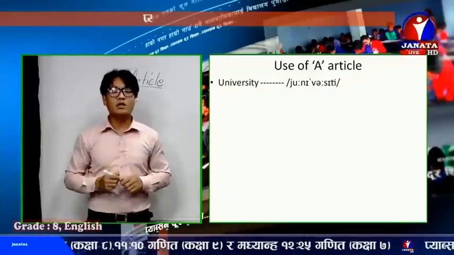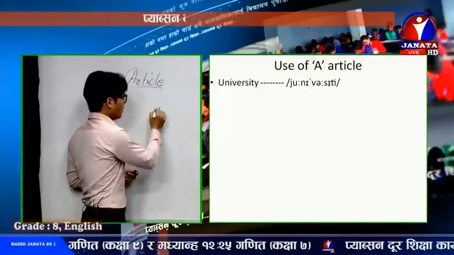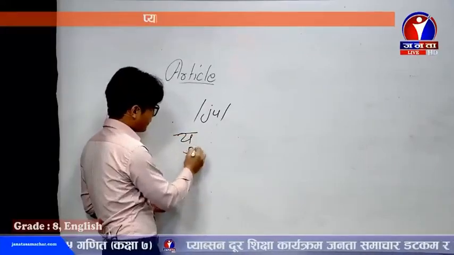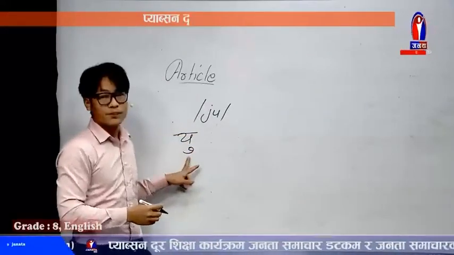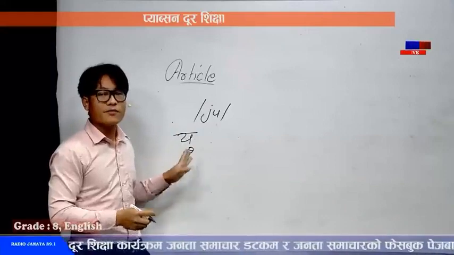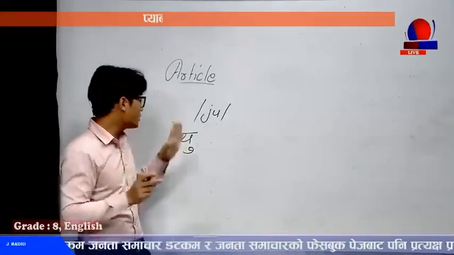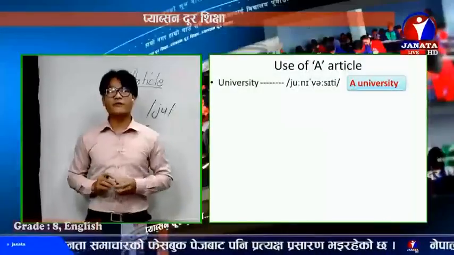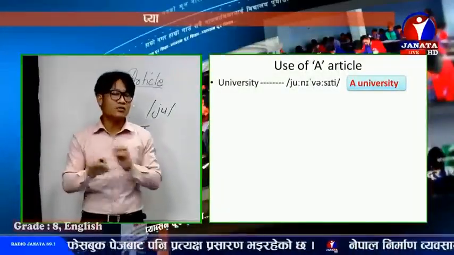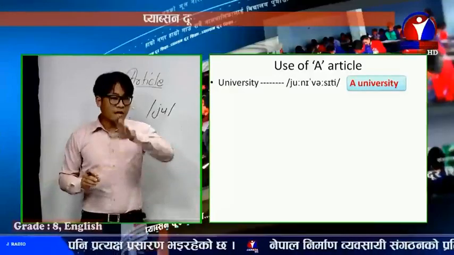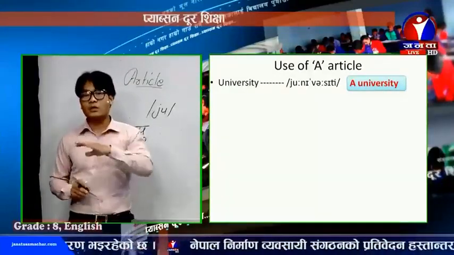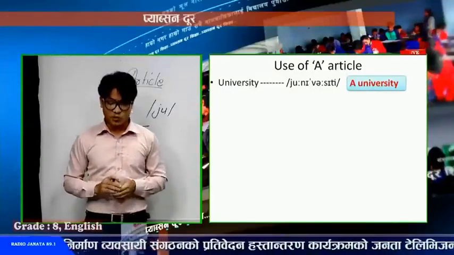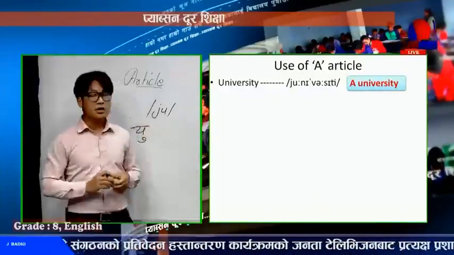So it's pronounced 'university', 'yu'. And this 'ya' comes in Nepali, this letter comes from ka, kha, ga, consonant, okay? So that's why we are going to use a university, not an university. According to the U vowel letter, if you use an, then that becomes wrong. So we should use a university.